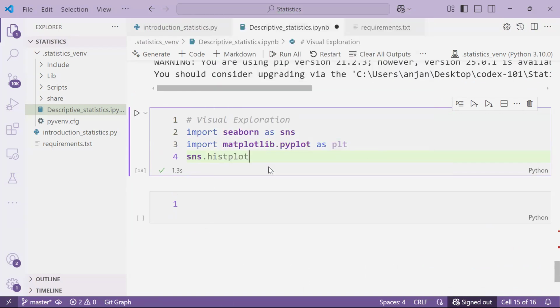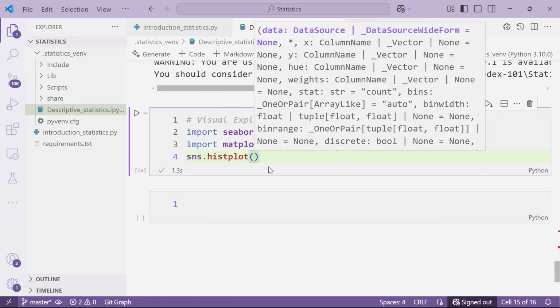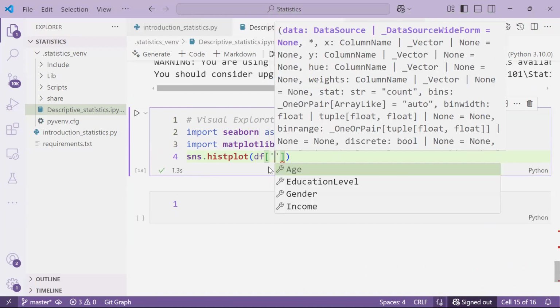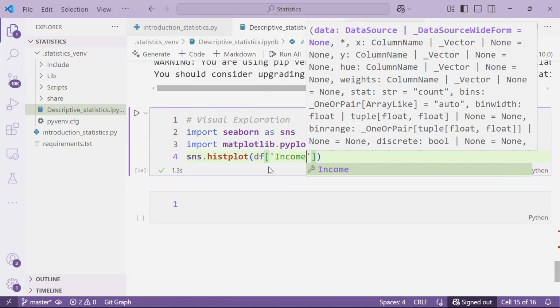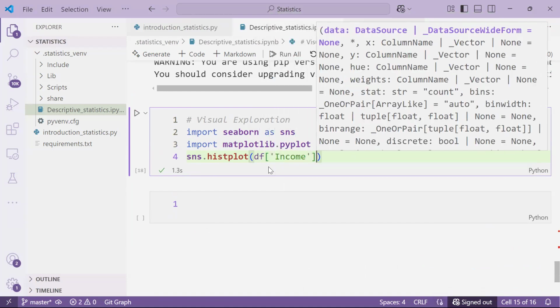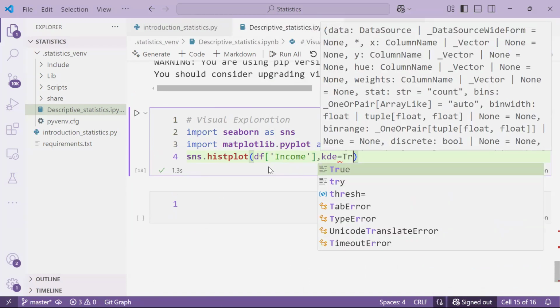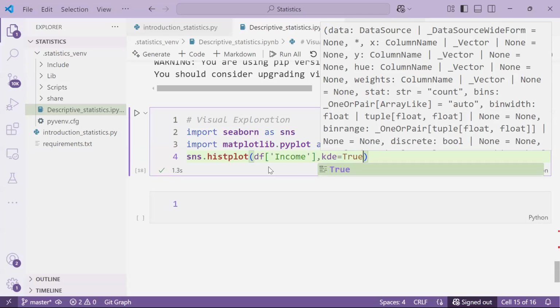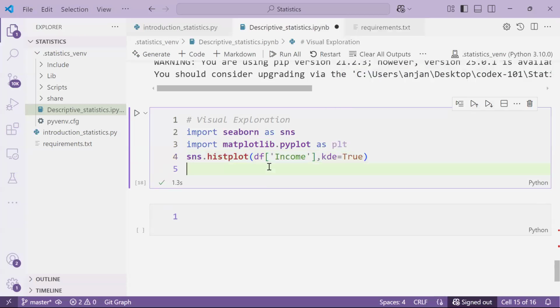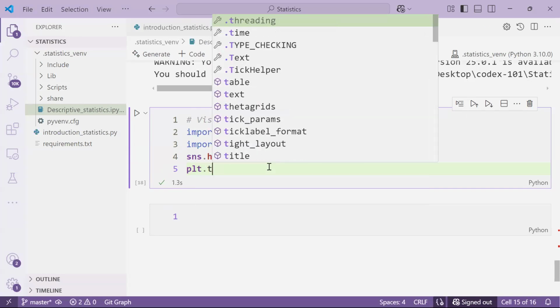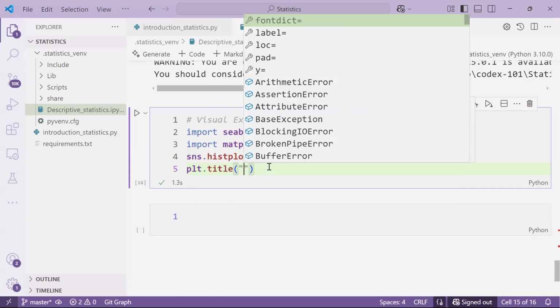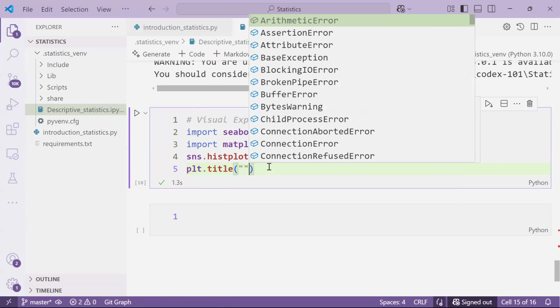Now I would like to use sns, because the name we imported is sns, and we have the histplot. With the help of this plot, we can find the histogram of those particular things. So we can give income, kde equal to, and we can give the title with plt.title, income distribution.